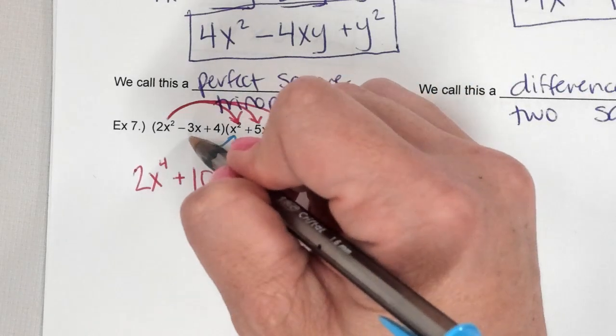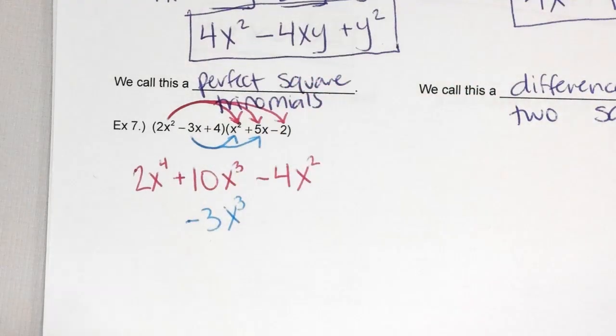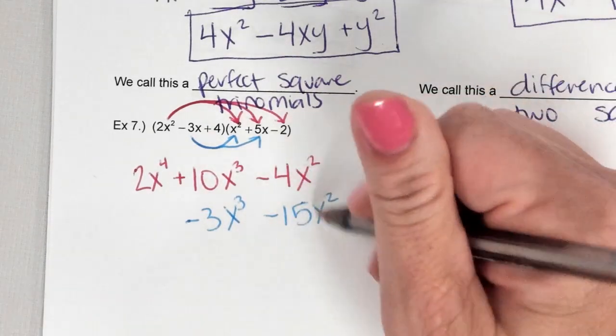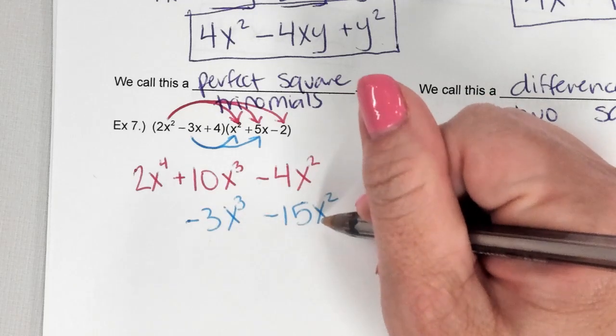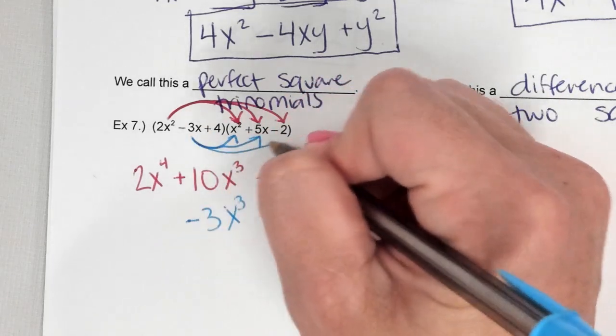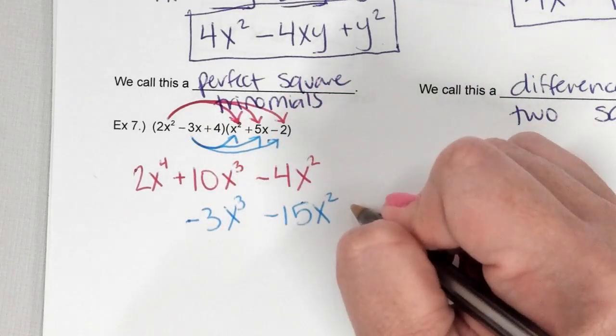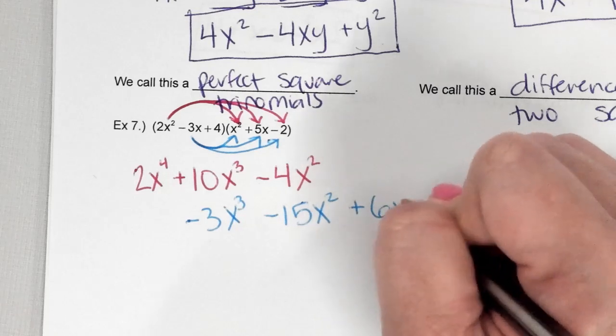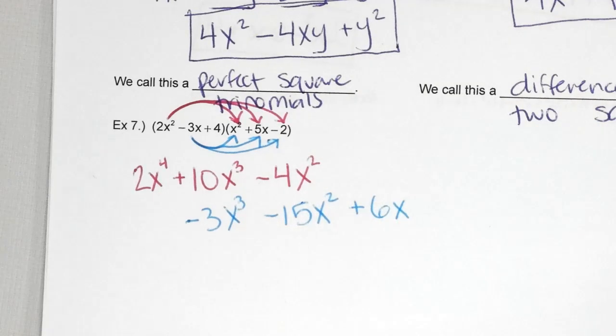Okay, negative 3x times 5x is negative 15x squared. Do you see how they line up? And then negative 3x times negative 2. What kind of 6? Plus 6x. Or no x. Yes, x. Just kidding. Losing my mind.